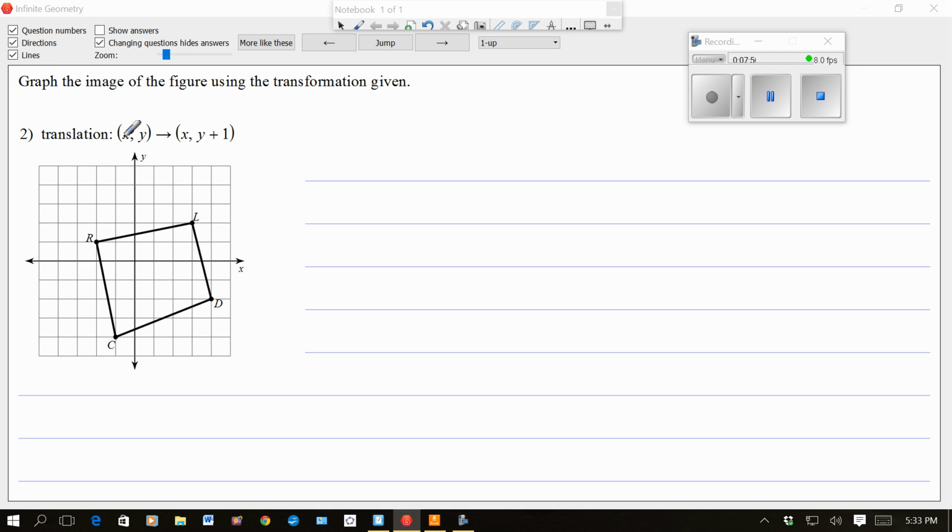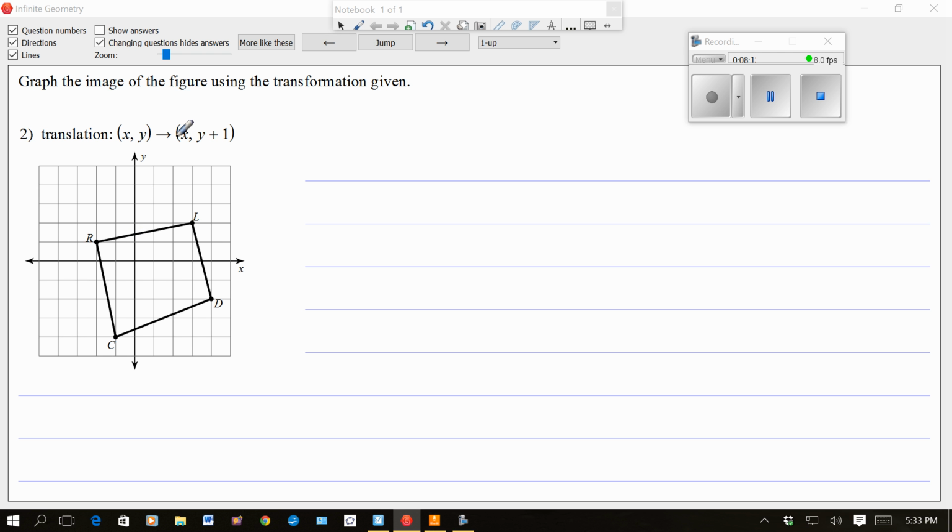I want you to translate this using coordinate notation. What is this telling me? It's telling me to take my x value and map it onto my x value. That means your x value doesn't change. It just maps back onto itself. So let's take a look at R. It doesn't move left or right.